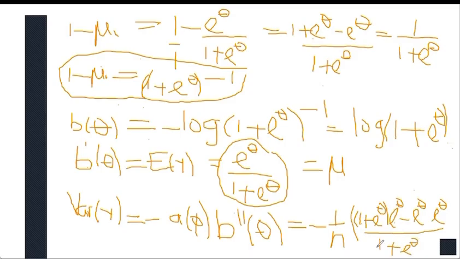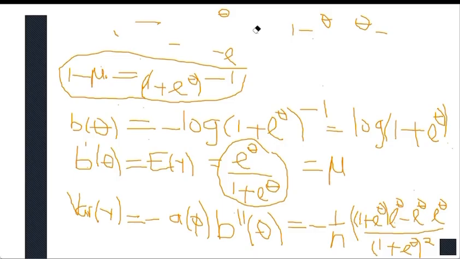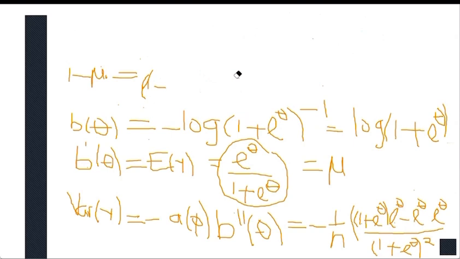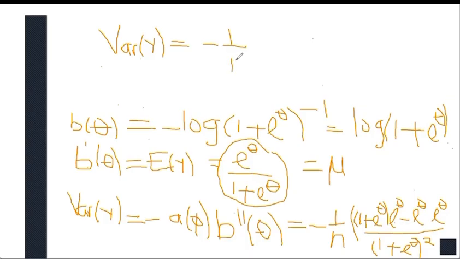Now, what am I getting right now? I'm multiplying out. I'm going to clean my whiteboard. Okay, getting here now. Don't forget, I'm talking about the variance of y, equal to negative 1 over n.